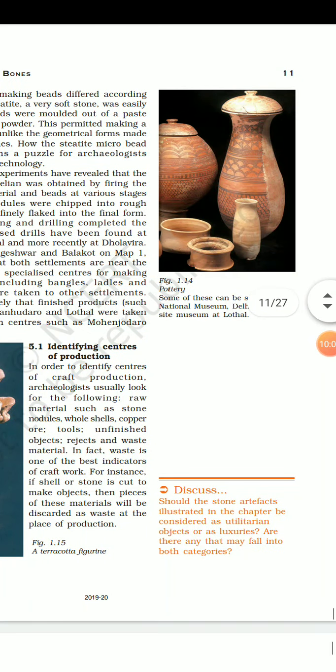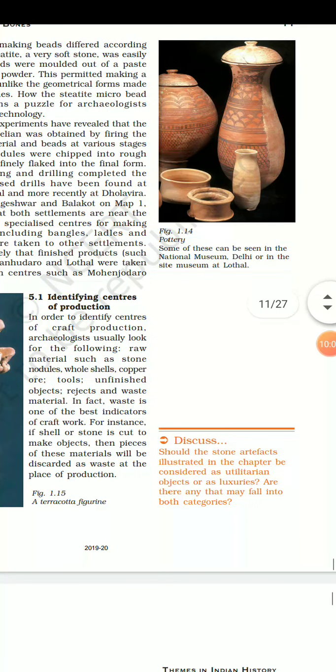Now, can you see this beautiful jar? Pottery, some of these can be seen in the National Museum also. Have you ever visited the National Museum at Kolkata? I really want to make you visit that museum, but let's see when we will get a chance to visit over there.